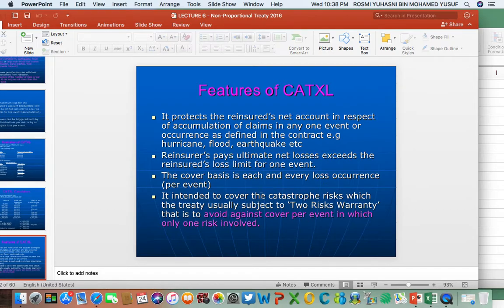The cover basis in each and every loss occurrence is per event, meaning that one deductible applies to that one event. Okay, the last point here is very important that you have to remember. It is intended to cover the catastrophic risk, which the treaty is usually subject to a two risk warranty, that is to avoid cover per event in which only one risk is involved.